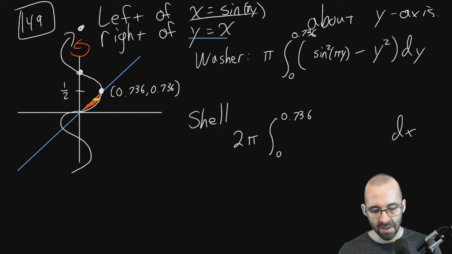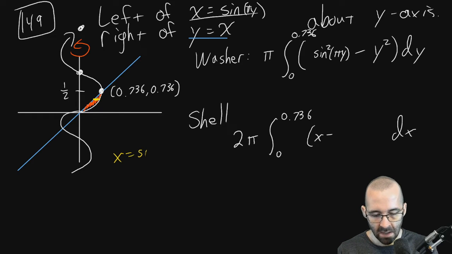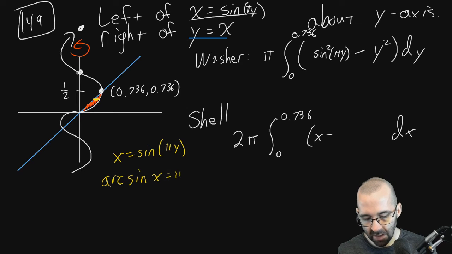But now it's blue minus white in terms of x. Blue is just x minus white in terms of x. Well, we're going to have to solve that. x is sine of pi y. That means arc sine of x equals pi y. So y is 1 over pi, arc sine of x.